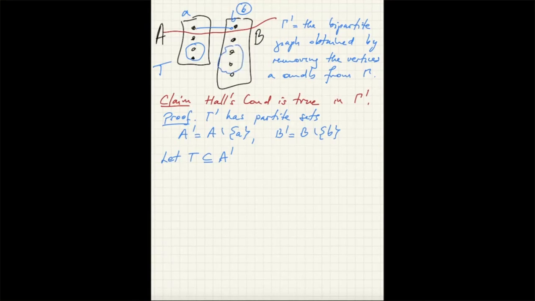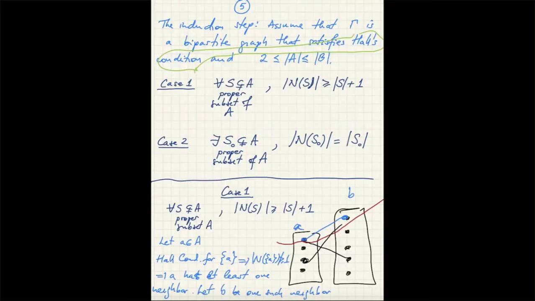I'm looking at the neighborhood of T in this graph, in gamma prime. I would like to show that the neighborhood of T in gamma prime has cardinality at least the cardinality of T. And how do we do that? Well, we use the fact that Hall's condition is satisfied for the graph gamma, but in this stronger form.